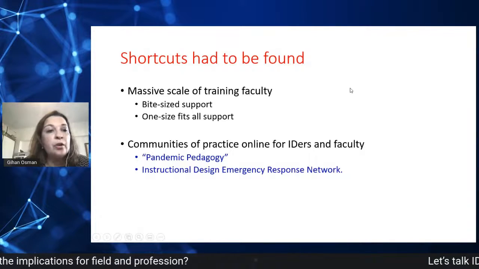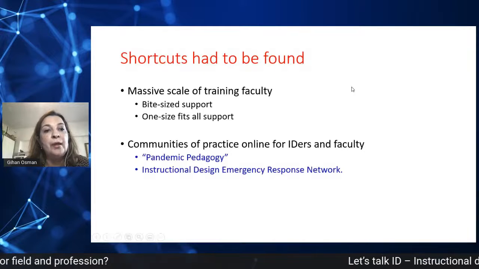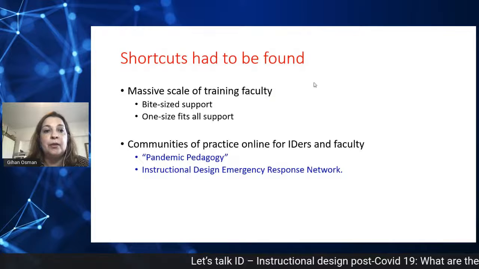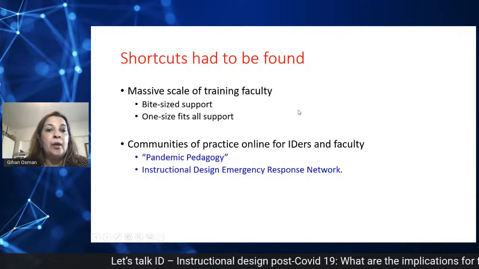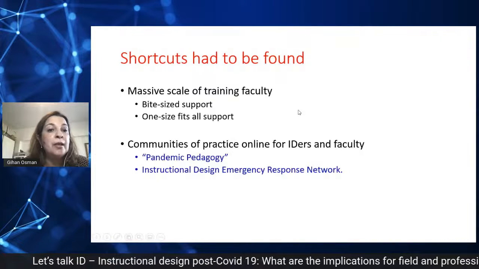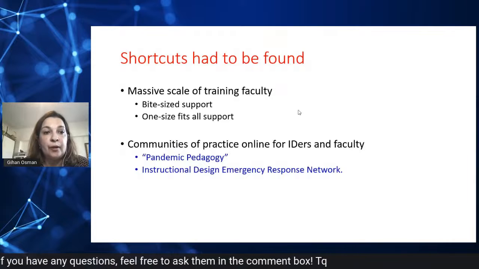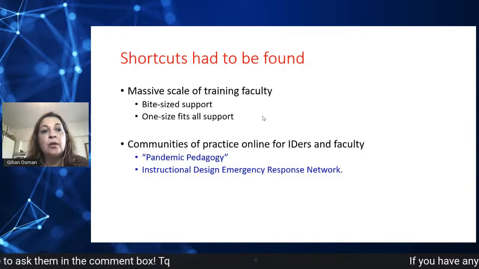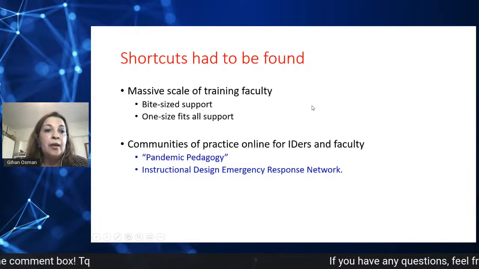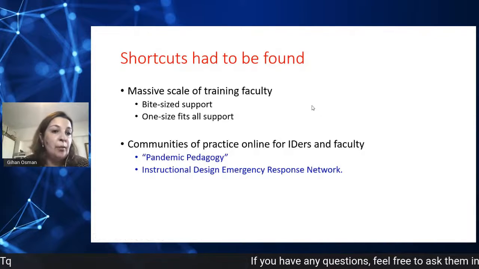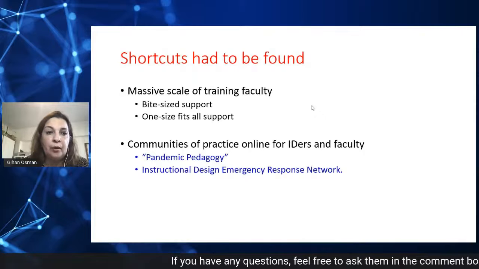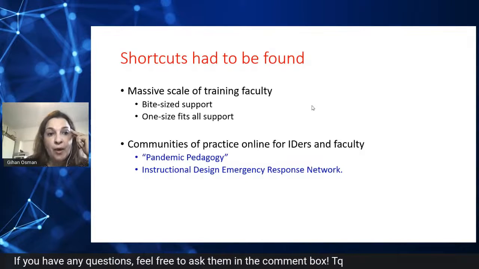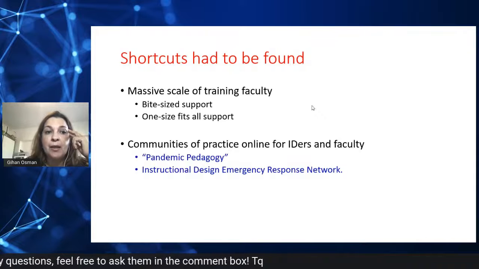Social communities started to appear on Facebook, like the famous Pandemic Pedagogy community, or like the Instructional Design Emergency Response Network that consisted of volunteer instructional designers who were there to provide faculty anywhere in the world with support. There were about 300 volunteers. So these were new ways of dealing with the pandemic.